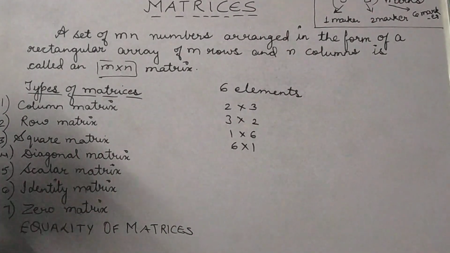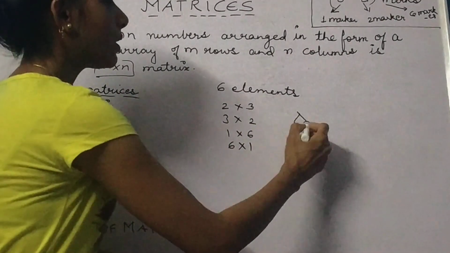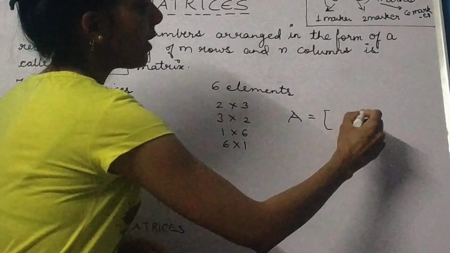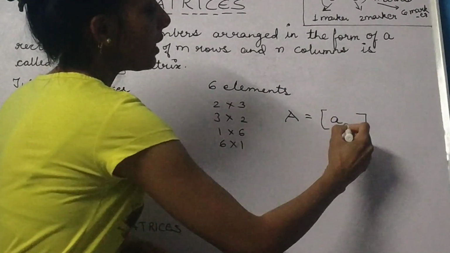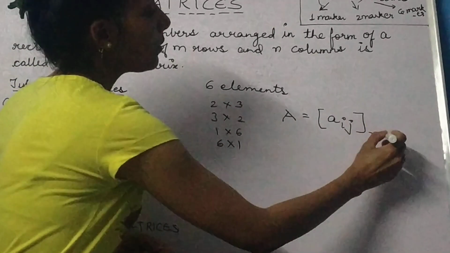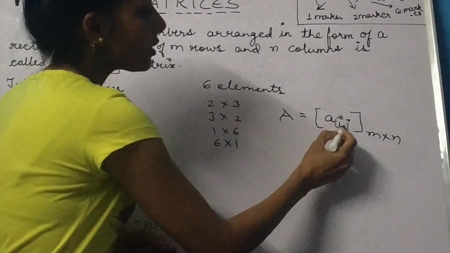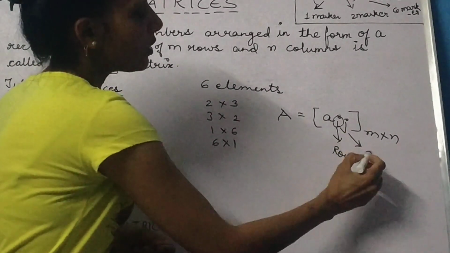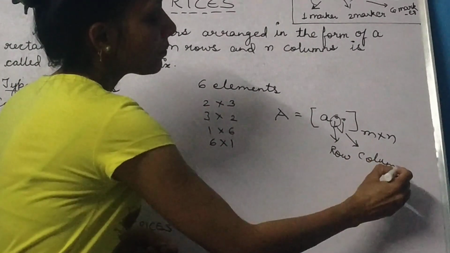Now, matrices can be represented with a capital alphabet, and in rectangular array form it can be written as Aij with m into n order, where this i is the row, this j is the column.